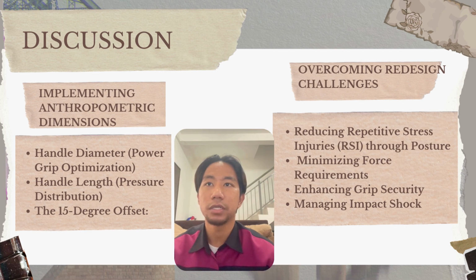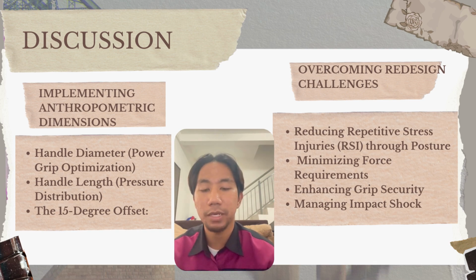And then the third one is the 15-degree offset. The 3D model implements a 15-degree bend in the neck. This is the critical design solution that allows the wrist to remain in a neutral handshake position, even when scraping at floor or ceiling heights.